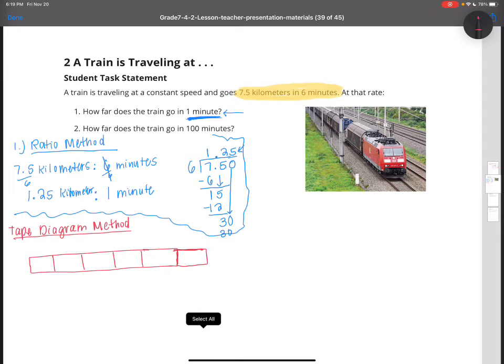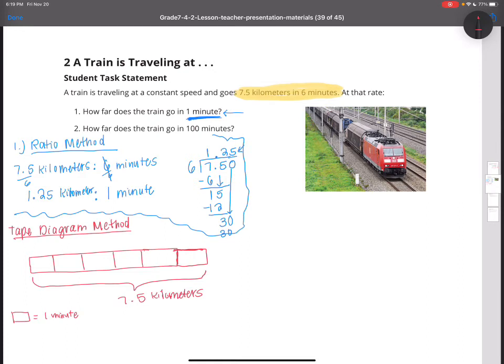So this whole thing represents minutes, and the train traveled 7.5 kilometers in 6 minutes. And I'm going to put that each box represents 1 minute so you guys understand.